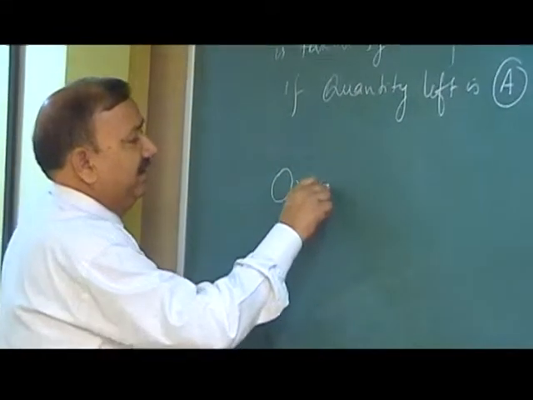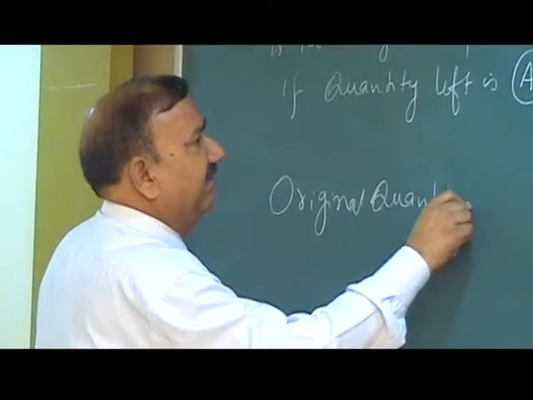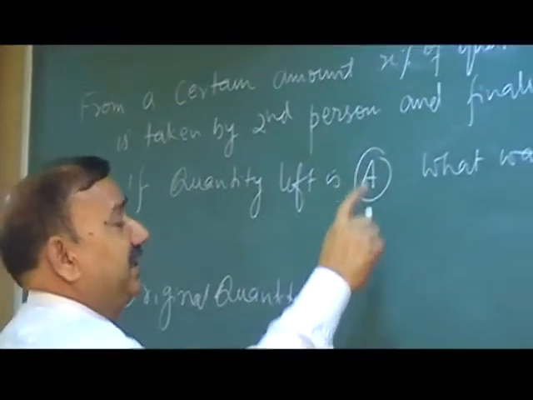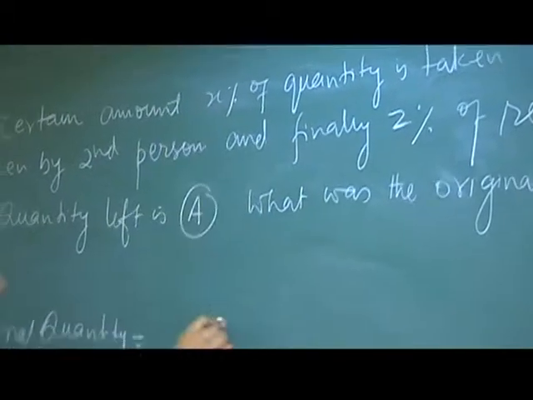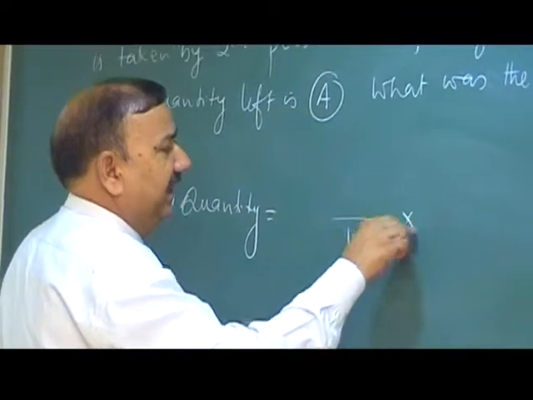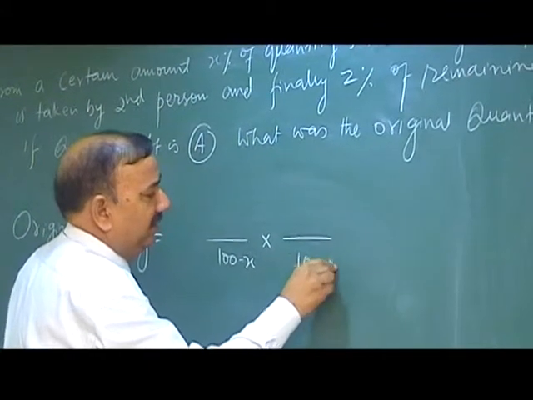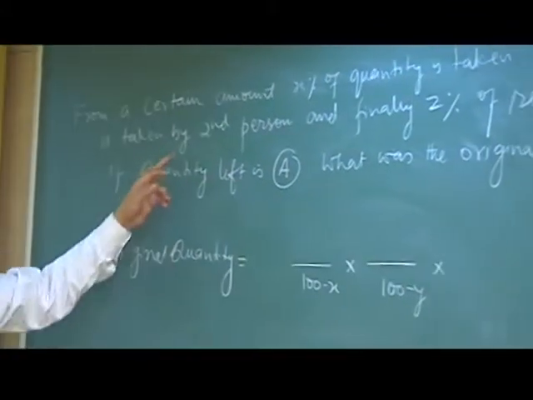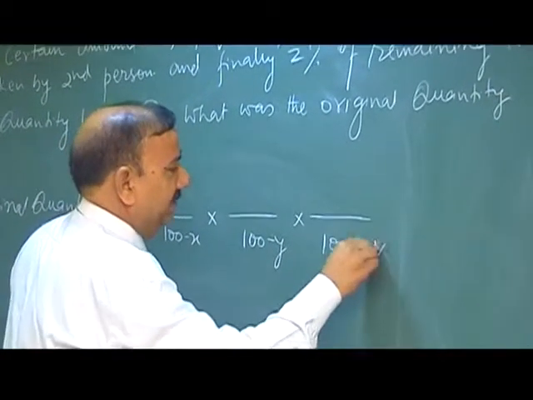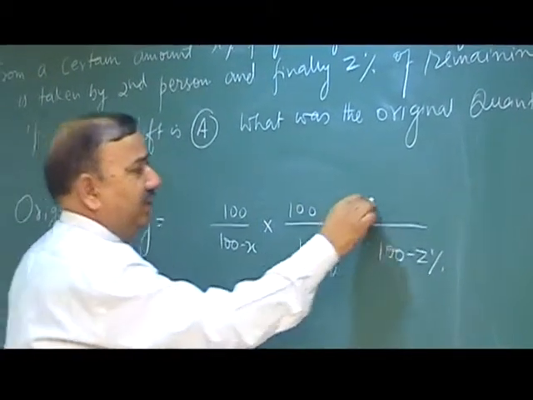We have 3 stages. First we have given X%, so that will be 100 minus X. Second we are giving Y%, this is 100 minus Y. Third we are giving Z% to the third person, it will be 100 minus Z. And there is 100 at each stage.